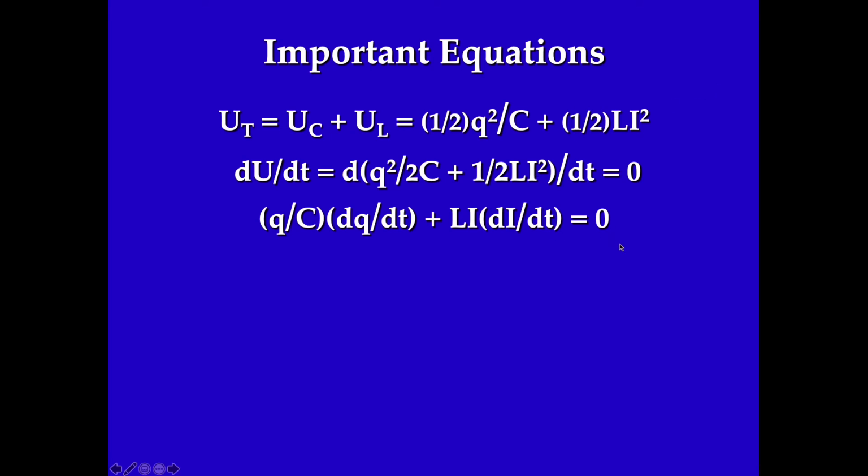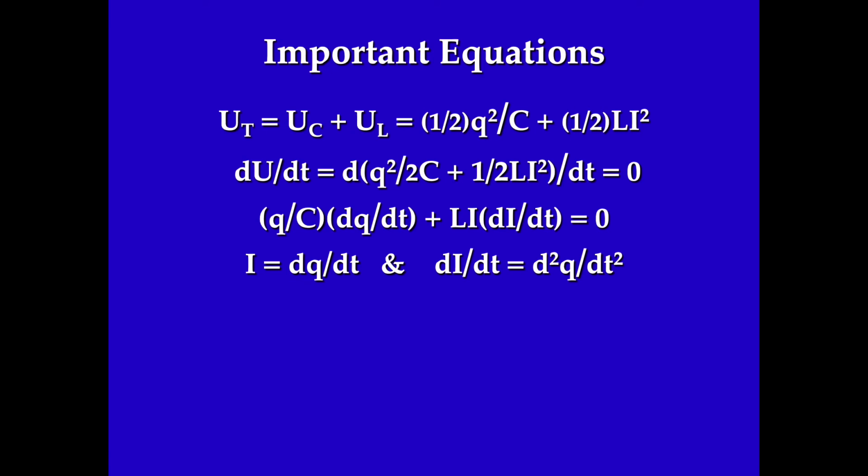Because remember, I is a function of time, and q is a function of time. And also remember, I is dq/dt, and dI/dt is the second derivative of the charge with respect to time.